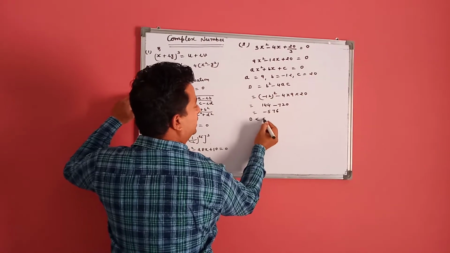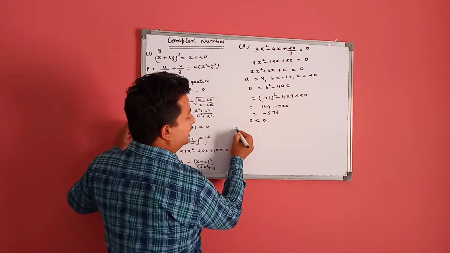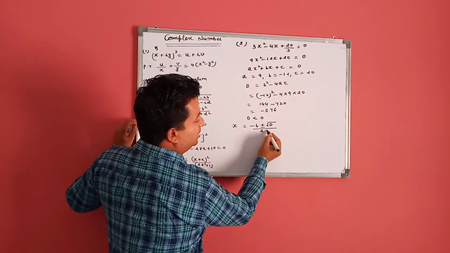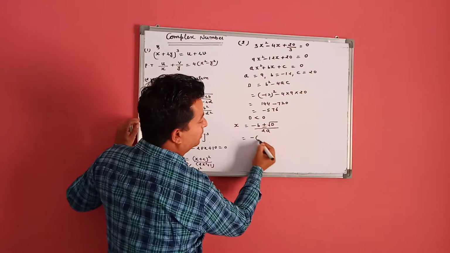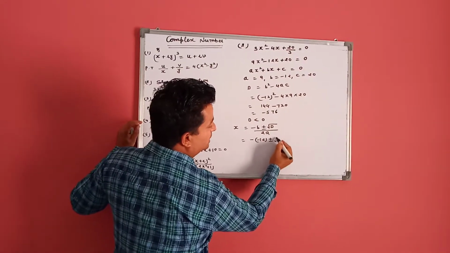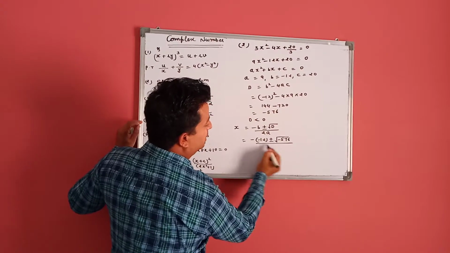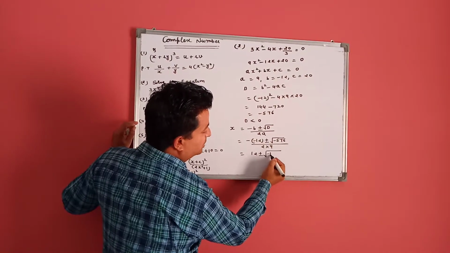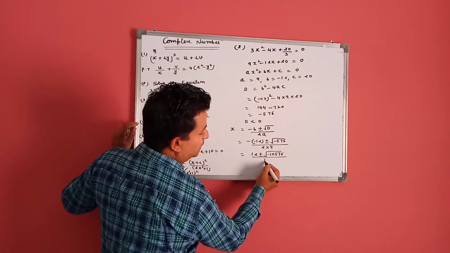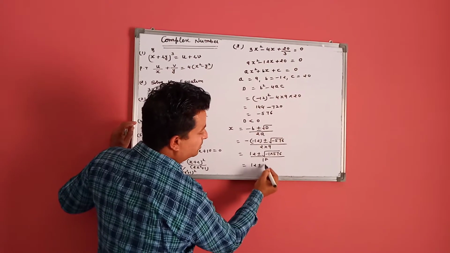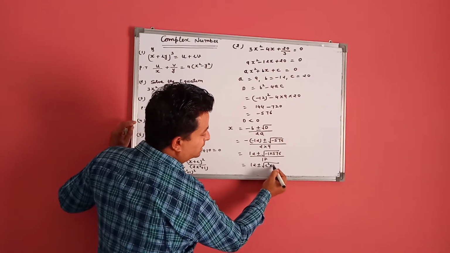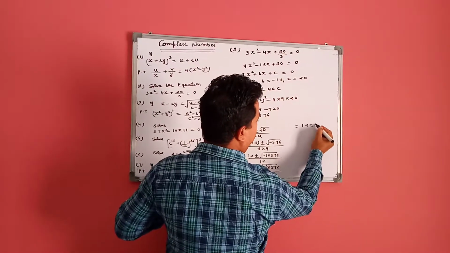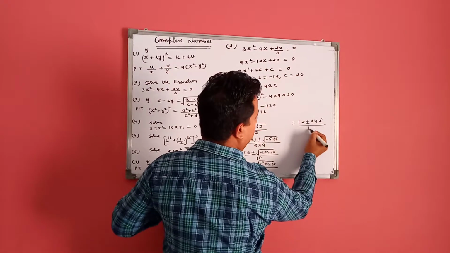In this, D is less than 0, so the roots are imaginary. The roots of this quadratic equation are (−b ± √D)/2a, that is (12 ± √−576)/(2 × 9). √−1 is iota, so 12 ± 24 iota upon 18.